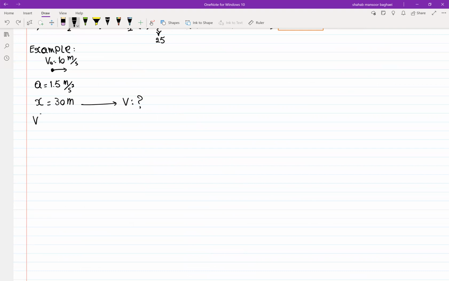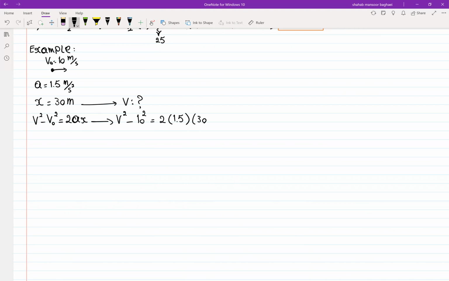So V square minus V0 square equal to 2AX. V square, we don't know. V0, that's 10. Therefore, that's 10 square equal to 2 times 1.5 times 30.